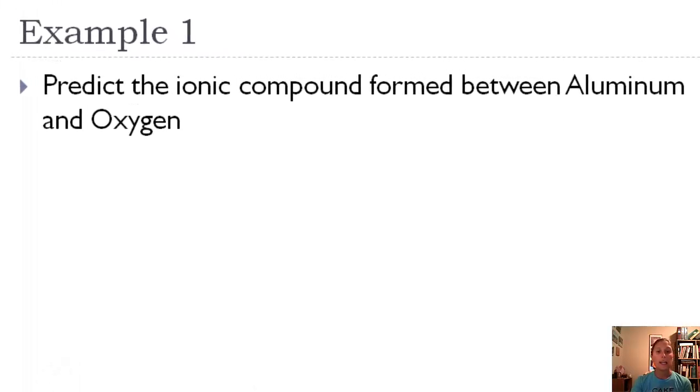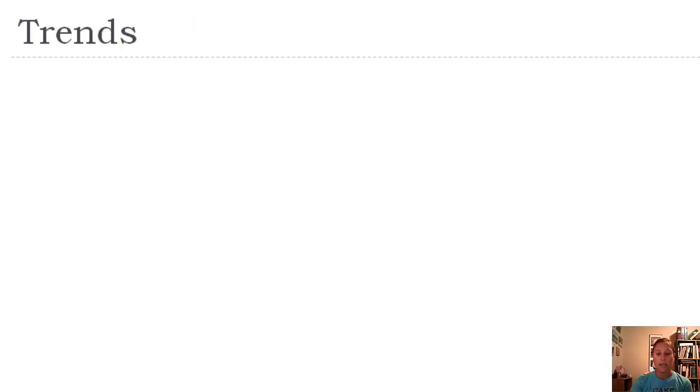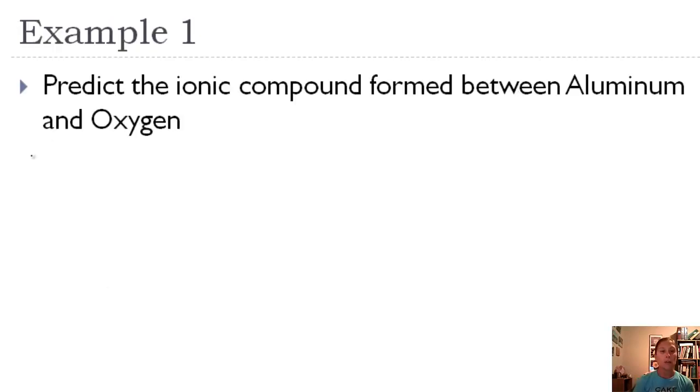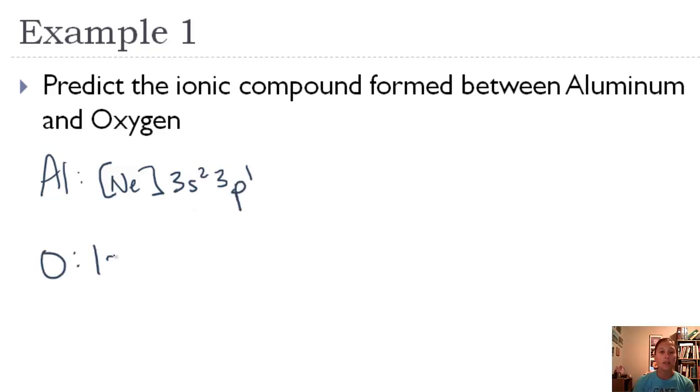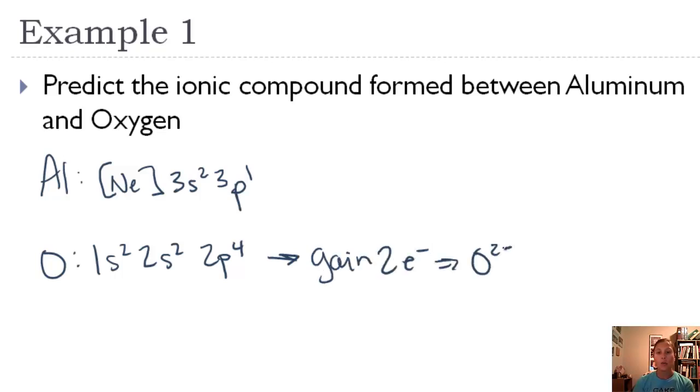Predict the ionic compound formed between aluminum and oxygen. For aluminum, first let's write the electron configuration. That's neon, using our noble gas shortcut, 3s2, 3p1. And for oxygen, 1s2, 2s2, 2p4. We already talked about how oxygen wants to gain 2 electrons, making it O2-.